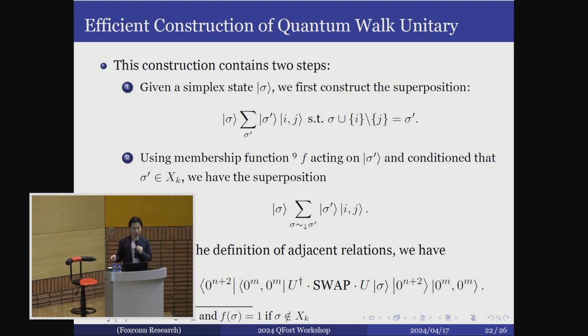So this slide shows that if it's a clique complex, then we can prepare this quantum walk unitary efficiently. The first step is to create a superposition state that encodes the neighborhood relation between two simplices. There is a method to do this efficiently by one of our collaborators, published in Quantum Information and Computation.